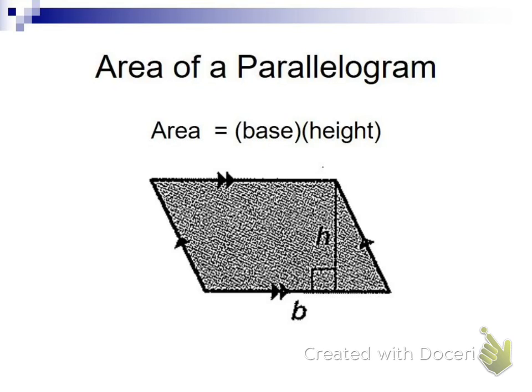Now the difference is that the height on a parallelogram is never going to be a side of the polygon. The height of a parallelogram is always going to be perpendicular to a base. Notice the right angle. It's important that we mark that right angle for our height to be perpendicular to the base.